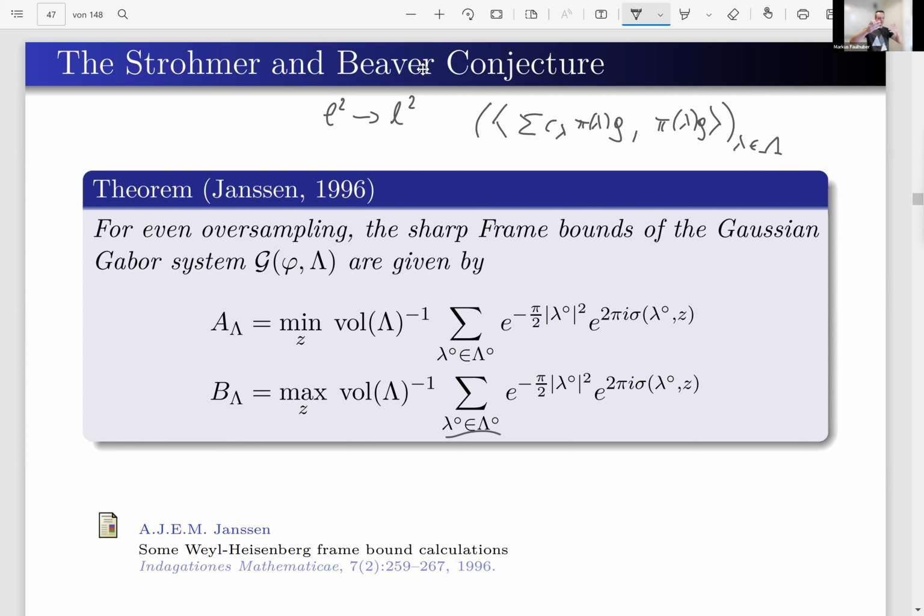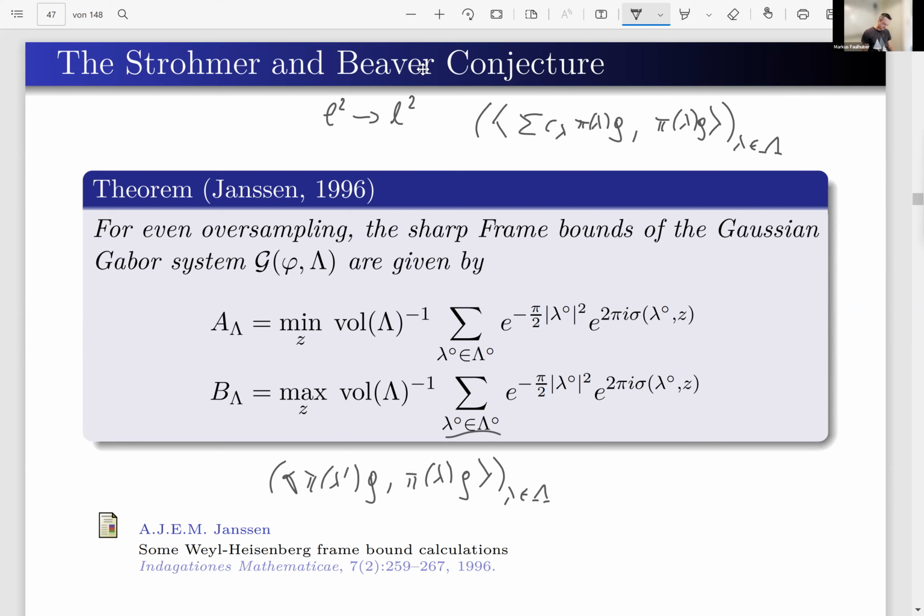And there is a kind of duality theory. What he could observe is that this operator from little l2 to little l2 can actually be represented by pi lambda prime of G with pi lambda of G. So lambda prime and lambda are just different points. Just assume that the lattice is Z2 now, so the integers.